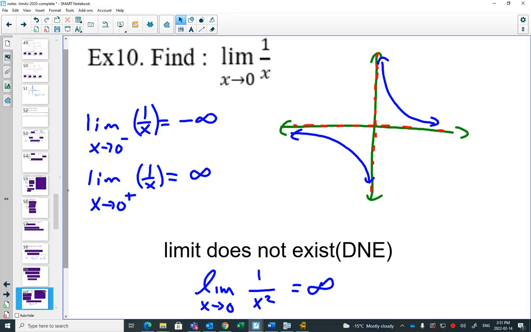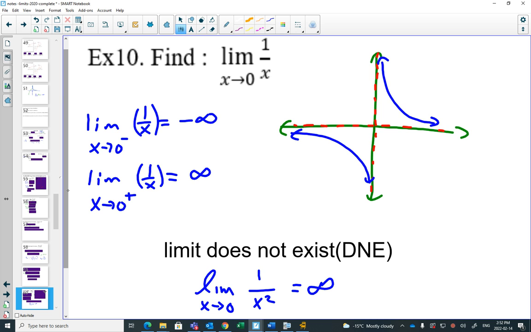I made mistakes on this one all the time because you get a concept that if you divide by a very, very small number, you get a very, very big number, which is true, but you have to be careful that sometimes it's very big positive numbers, sometimes it's very big negative numbers. So the first one, because the left side limit and the right side limit are different, we would say doesn't exist.